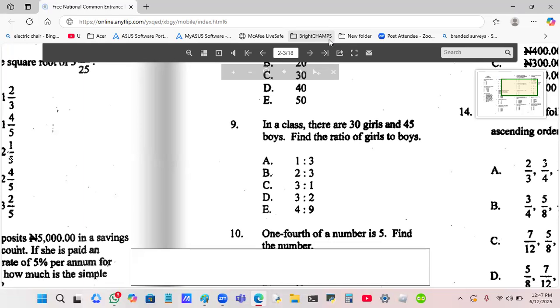Which mathematical operator is ratio like? I'm waiting. Sorry, I still think.